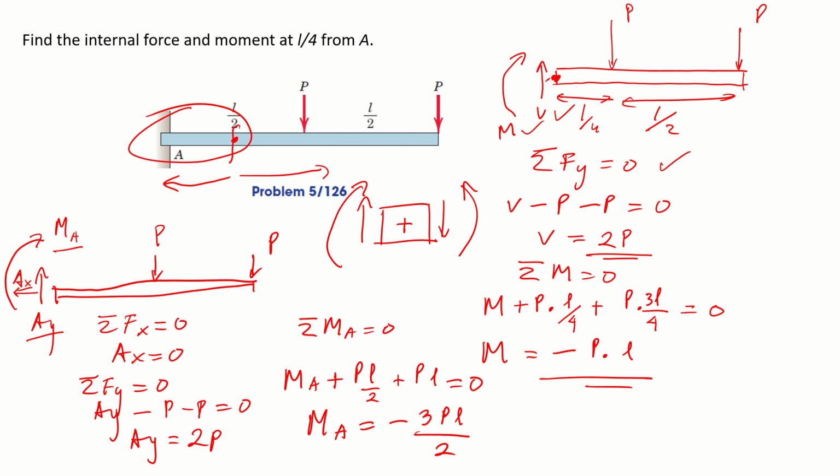Minus here means that the direction is the opposite of what I already drew here. AY here, the value is positive, which means that the direction is the same as the direction of AY that I drew here.